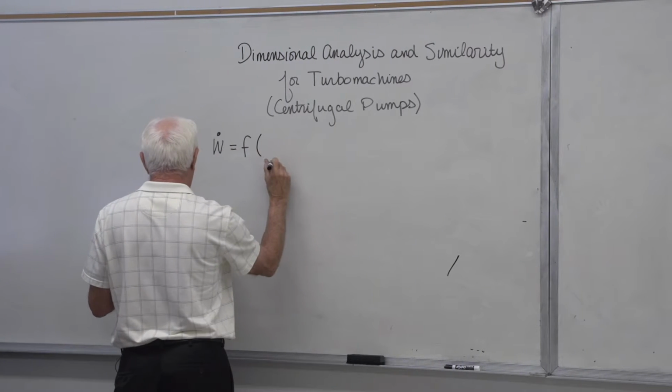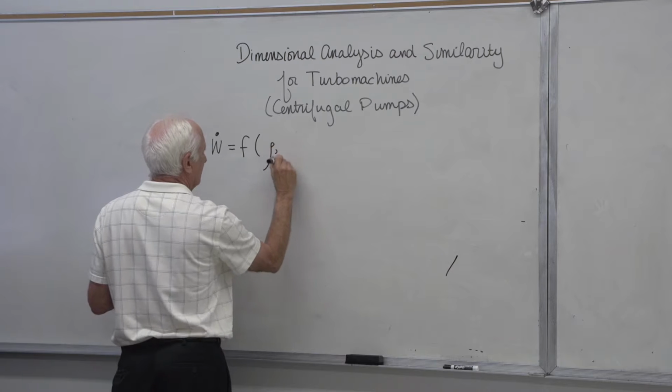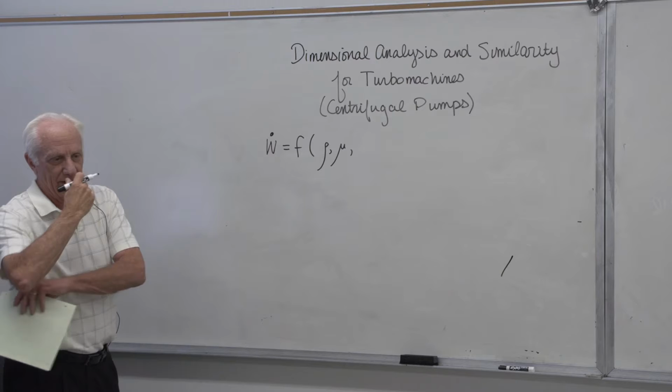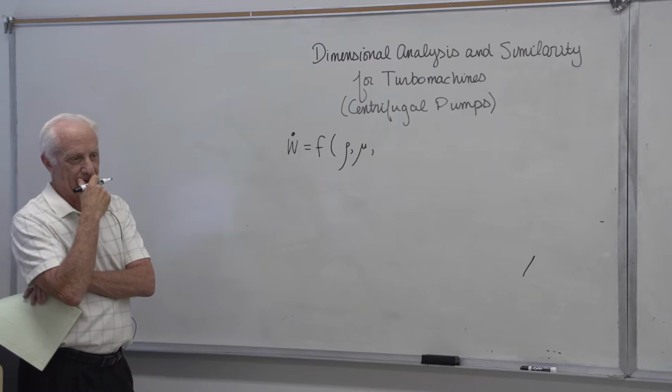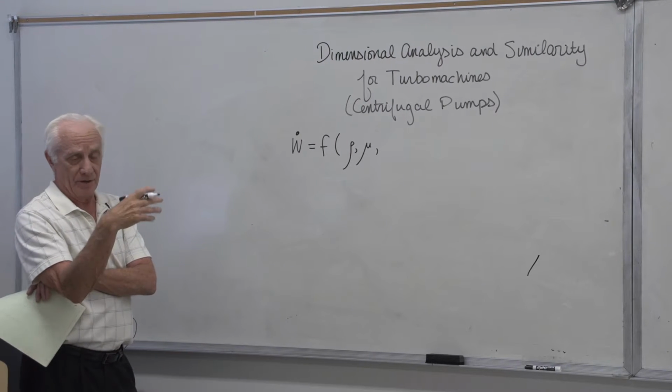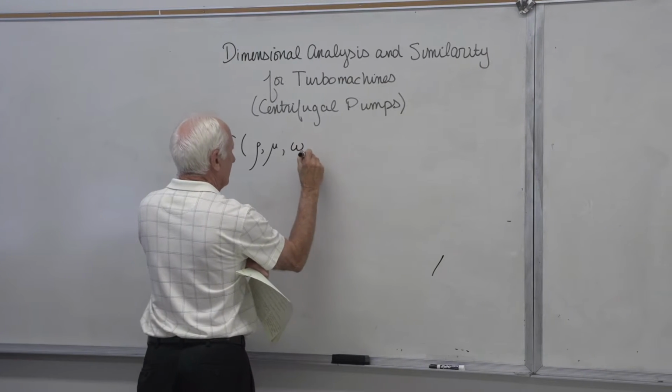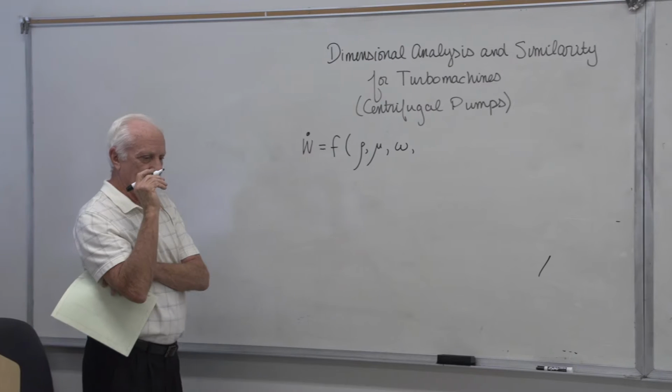So I might put down here density and viscosity. Obviously, if I run the pump at a high pump speed, that's different than the power required to run it at a low speed. So omega is the speed of the pump.